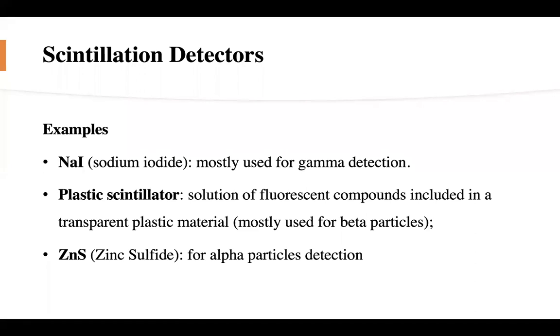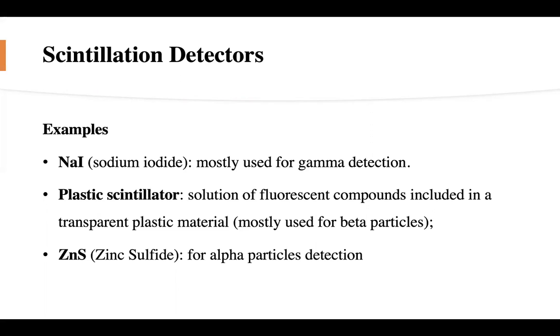Examples: sodium iodide, an inorganic scintillator, is mostly used for gamma detection because of its high atomic number, high Z. Plastic scintillator is a solution of fluorescent compound included in transparent plastic material. This is how to make a plastic scintillator, mostly used for beta particles.